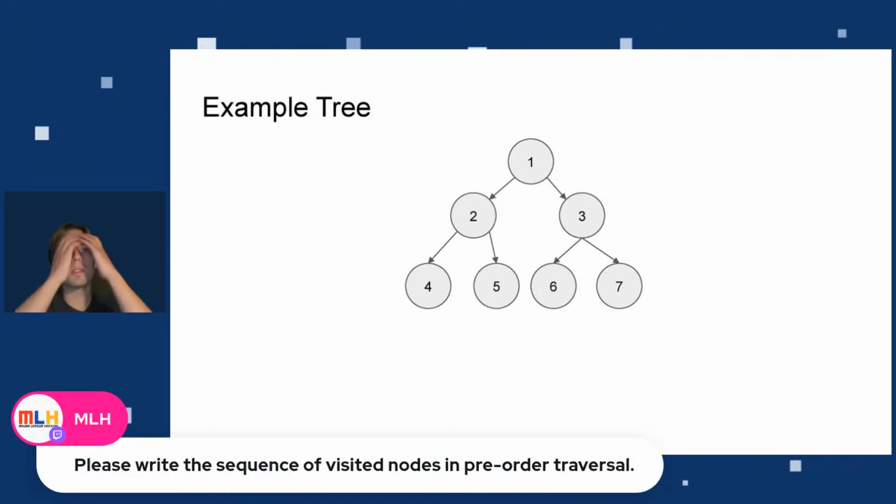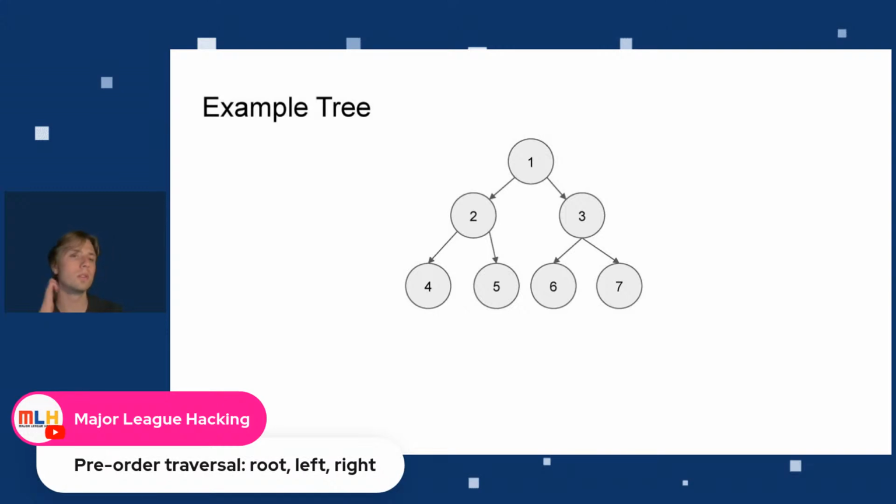I've written that on the bottom there. Remember, pre-order traversal is root, comma, left, comma, right. So I'm going to give you all a couple minutes to look at that.